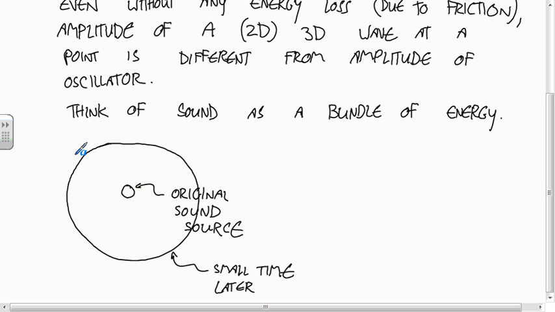It's spread out over, in 2D, a circle, because it's traveled this far in every direction. In 3D, it would be spread out over a sphere, okay? And since it's being spread out more thinly as it gets farther from the source, there's less energy in any little point in space. Does that make sense? You're just spreading that bundle of energy more thinly as it gets farther away.